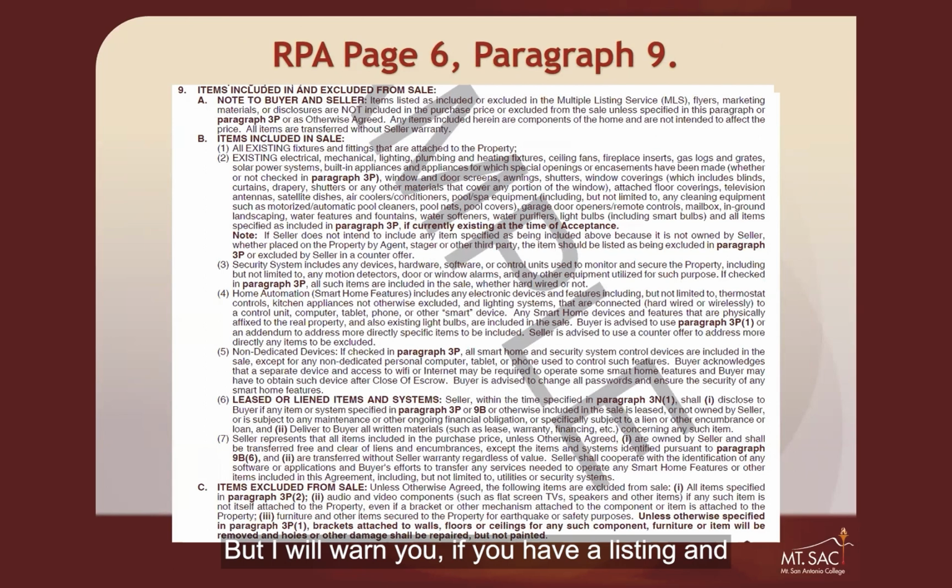But I will warn you, if you have a listing and you put in the MLS that the refrigerator, the washer, dryer are included, and if that's omitted from the contract, and now the buyer comes after you saying, where's my refrigerator, washer, dryer?